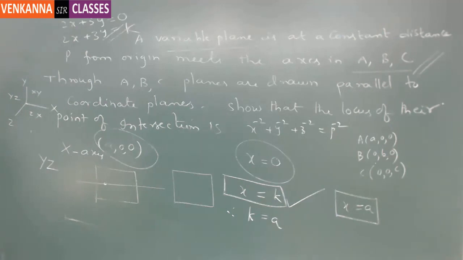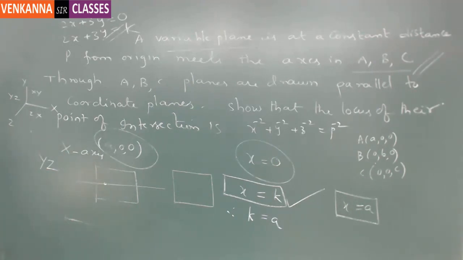The first property is it is parallel to the yz plane whose equation is nothing but x equal to 0. The second property is it is containing the point (a, 0, 0). So if you substitute (a, 0, 0) in place of x, y, z, it will be satisfied. So substituting (a, 0, 0) in that point, you will get k is equal to a.